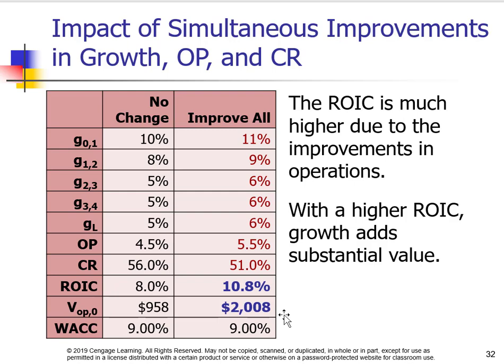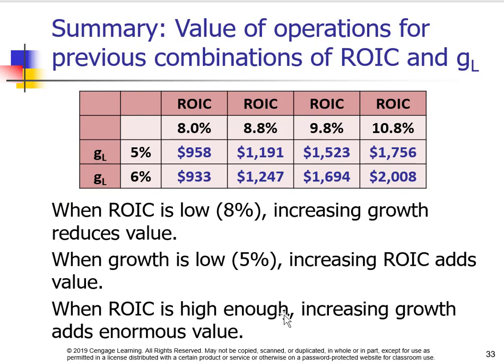In this case, if growth goes up and operating profits go up and capital requirements go down, it's going to have a tremendous impact on return on invested capital, which is obviously then going to have a huge change on the value of the firm, since again 8.26 was the amount we needed to hit just to break even, if you will.